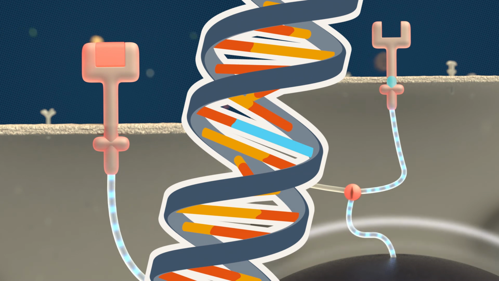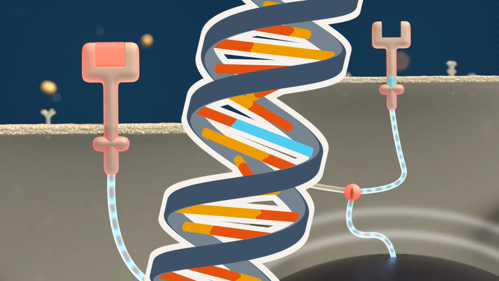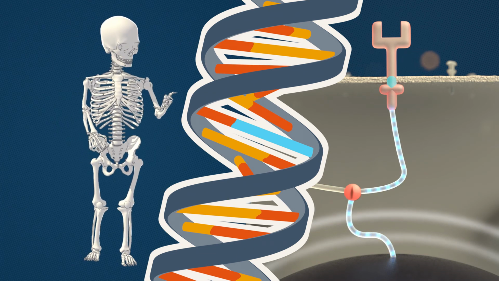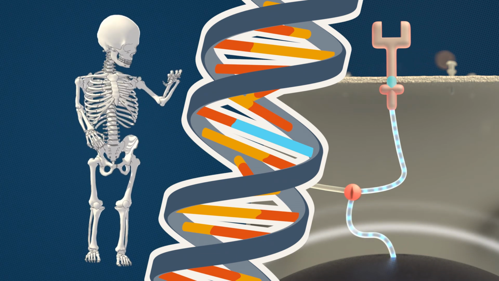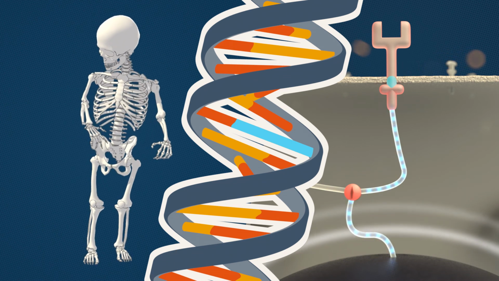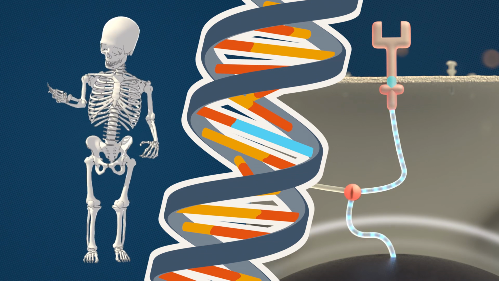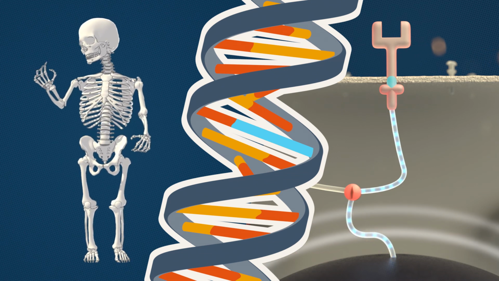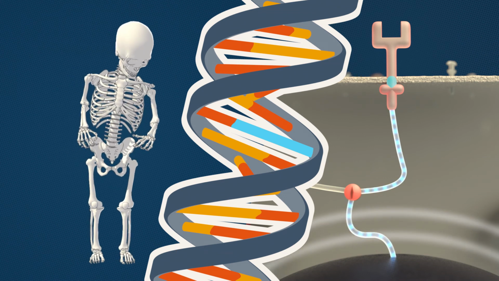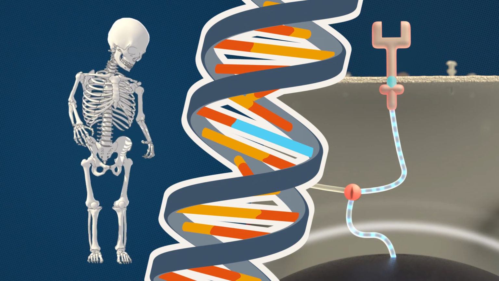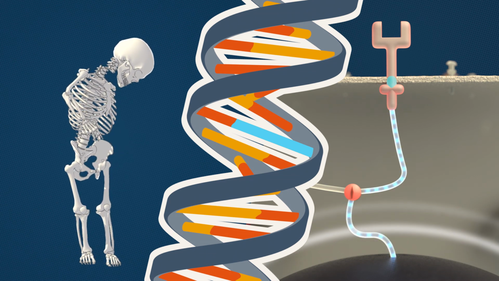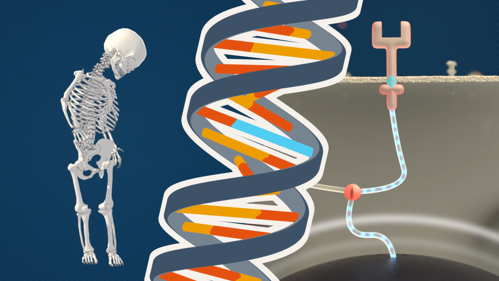And because FGFR3 is regulating bone growth in these cartilage cells throughout the body, it doesn't just mean that bones in the arm are shorter, it means all bones with growth plates are shorter, and some can end up misshapen. In fact, the gene for FGFR3 is present everywhere in the body, and while what it does outside of these growth plates isn't fully understood, it is very likely that this overactivity is responsible for some of the other associated conditions seen in people with achondroplasia.